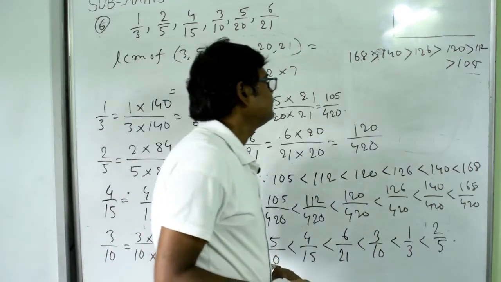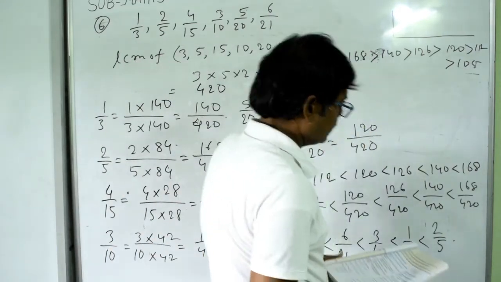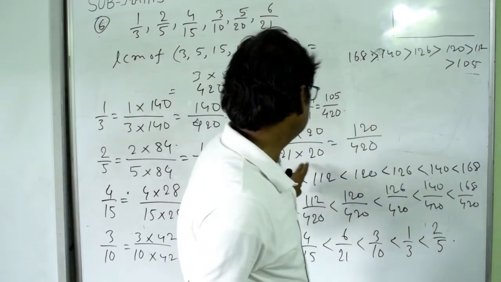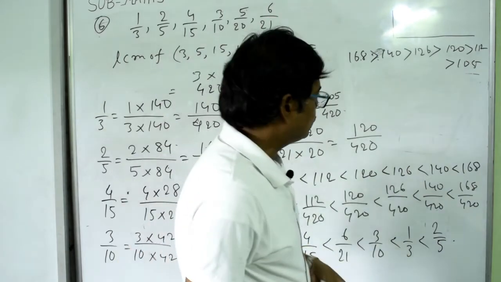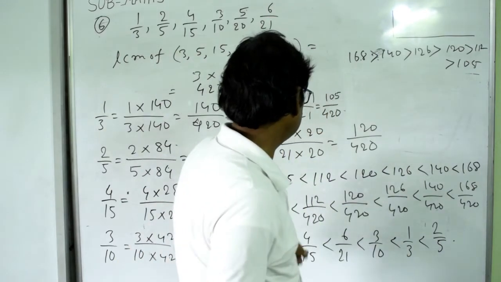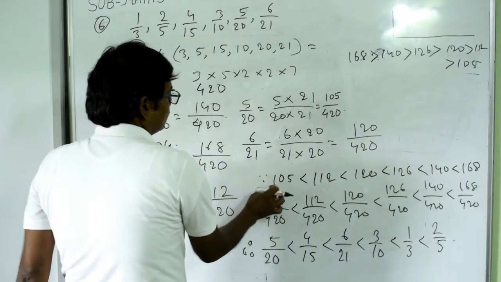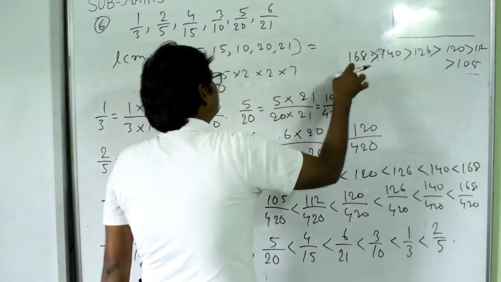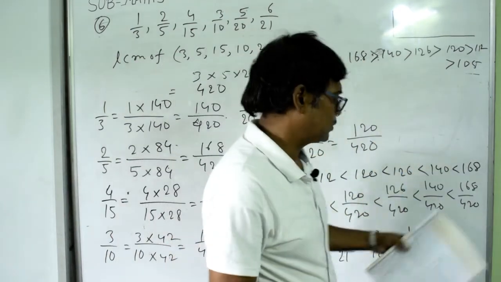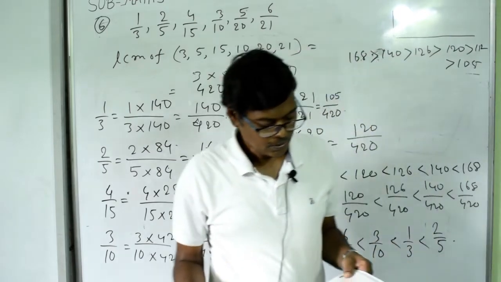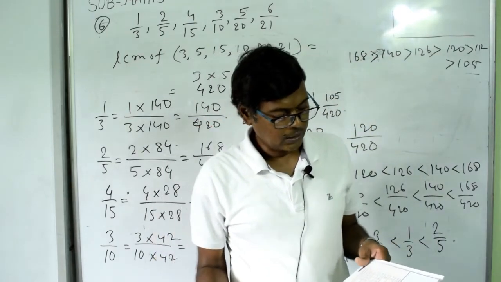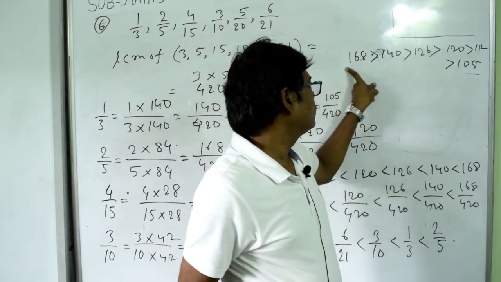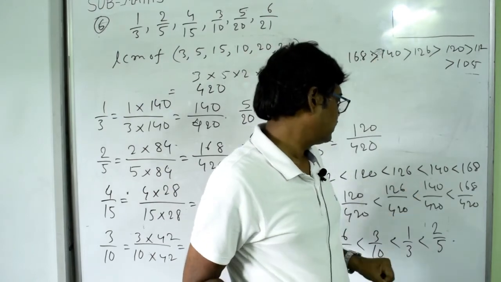This is in decreasing order. Ascending means from the smaller number to the bigger number, and descending means from the bigger number to the smaller number. So I did question number 6, and you will do question number 7 just like this, just reverse the situation.